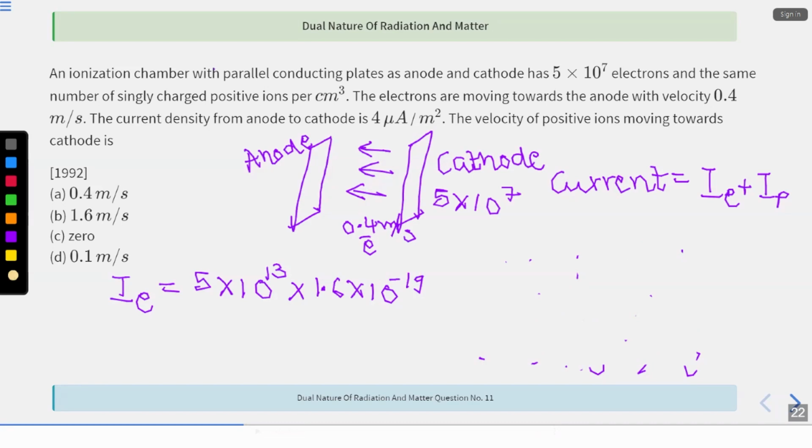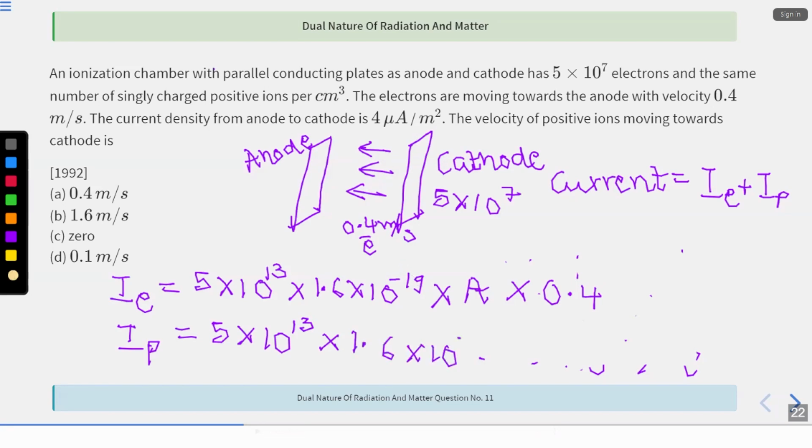So I can write that into A, and we know the velocity is 0.4. Similarly, I can write Ip for the positively charged ions. So I can write this as 5 into 10 to the power 13 into 1.6 into 10 to the power minus 19 into A. The positively charged ions have the same magnitude, but the sign differs. But we don't know the velocity. We're supposed to calculate the velocity, right?